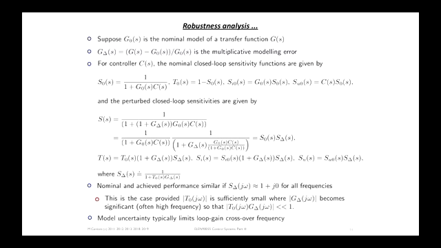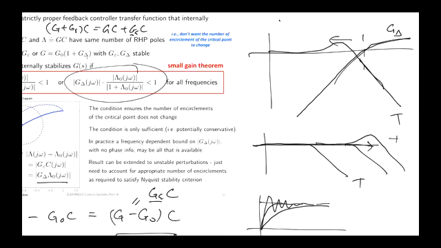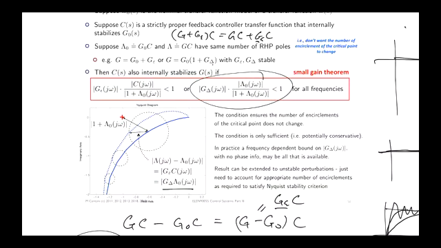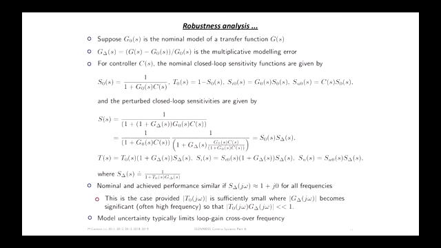All right. Now, performance is not just about stability, and this result is just about stability. Okay? Performance is about how the sensitivity functions are shaped across frequency. And how the sensitivity functions have to be shaped across frequency depends how the external inputs have their energy distributed across frequency. Right, so our reference and our input disturbance and our output disturbance are usually low frequency signals.